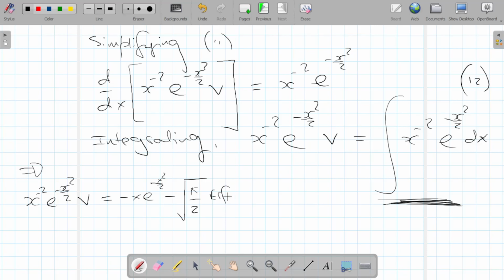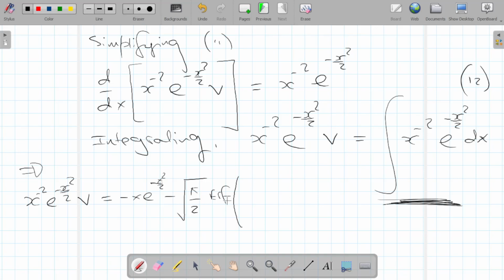Now, I've written here in my notes error function. Do check this because I make mistakes even in my own separate private notes. Do check that that's not an imaginary error function or a complementary error function. I've got ERF here. That implies that it's an error function, but I could have made a mistake.